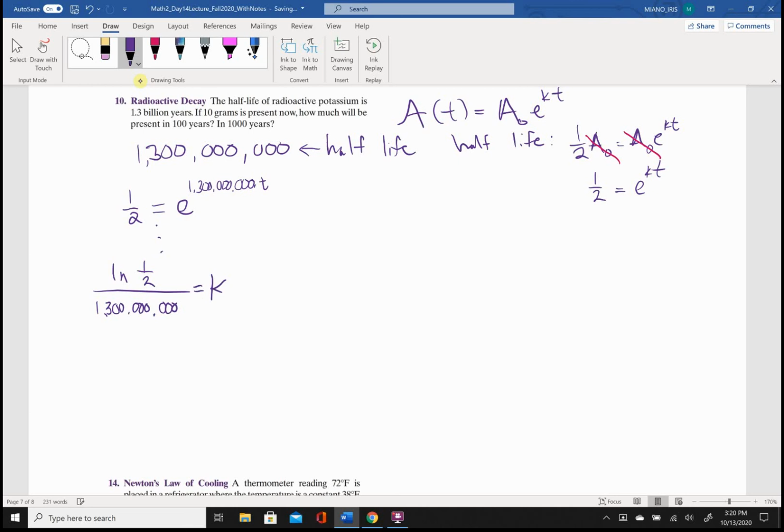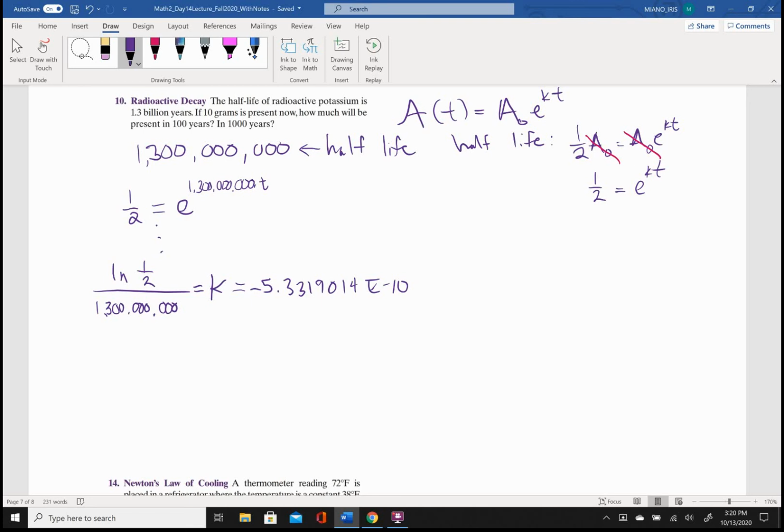This is k, and therefore k equals negative 5.3319014 e to the negative 10 power. So that's this number times 10 to the negative 10 power, essentially moving this decimal place over 10 spots to the left. It's going to be a super small number, and it's negative at that.